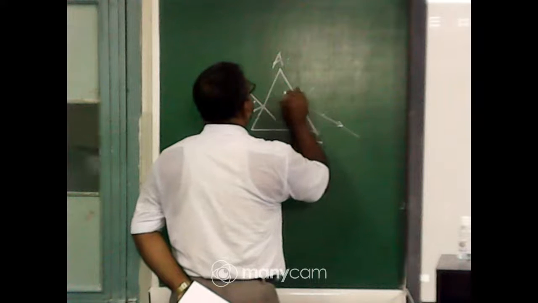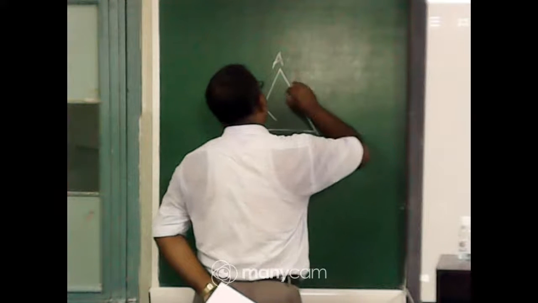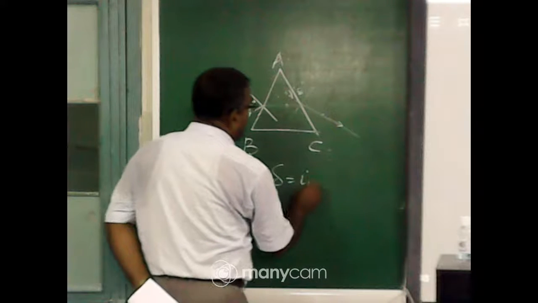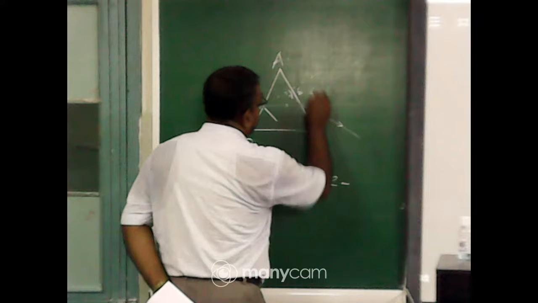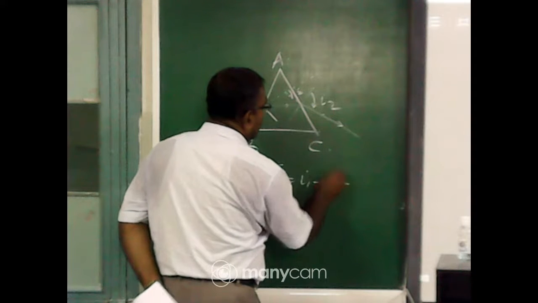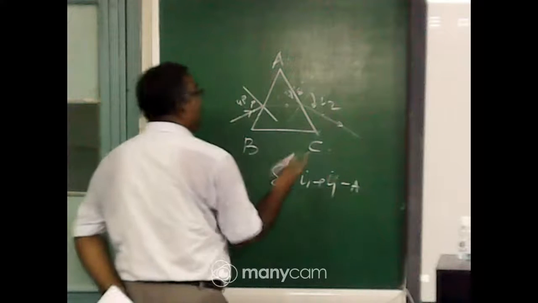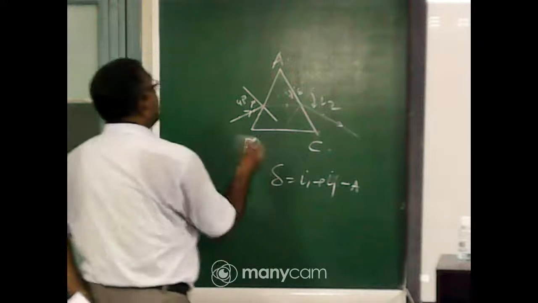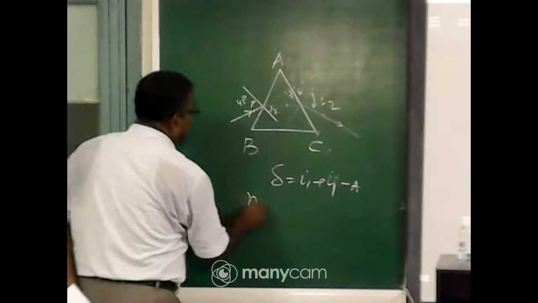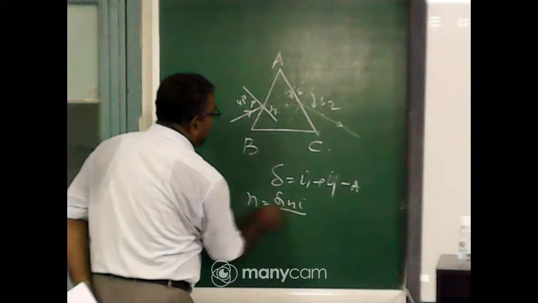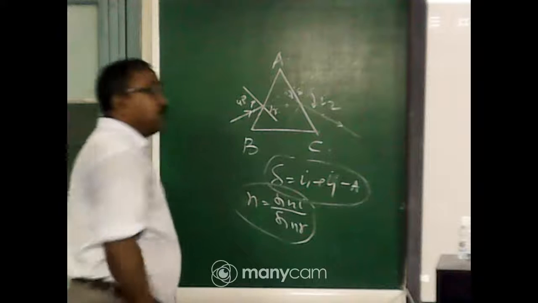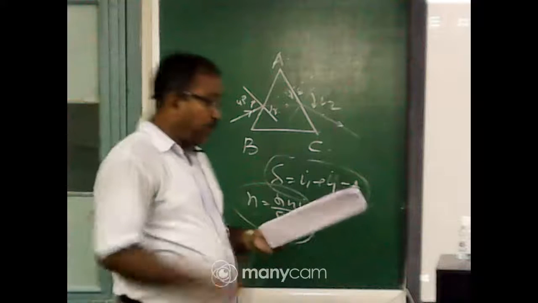So you extend the incident ray and emergent ray, and that is the angle of deviation. You know this angle of deviation equals I1 plus I2 minus A. So you can find delta, and the refractive index is equal to sin i by sin r. So you verify the two formulas.